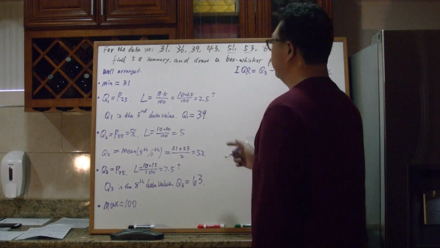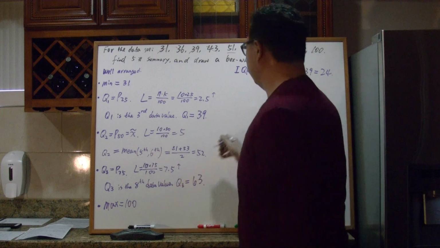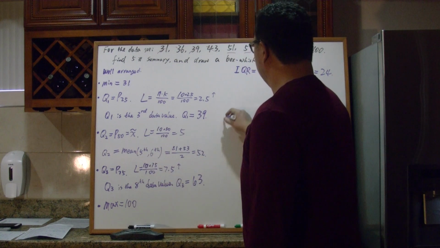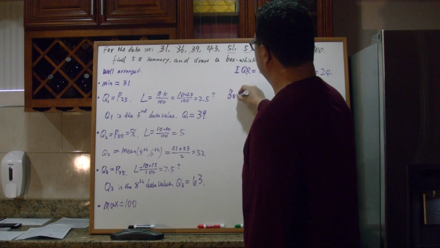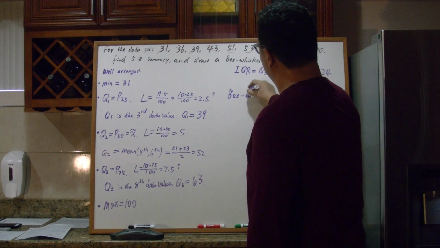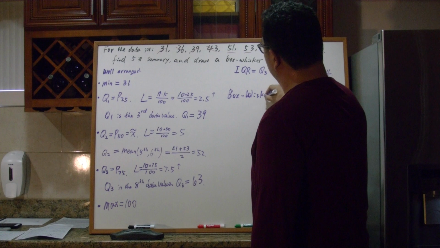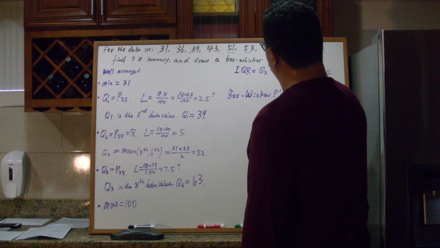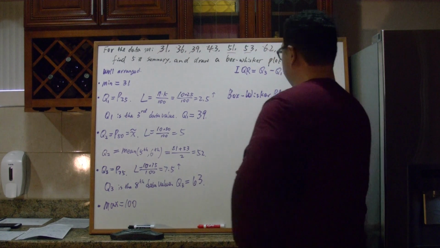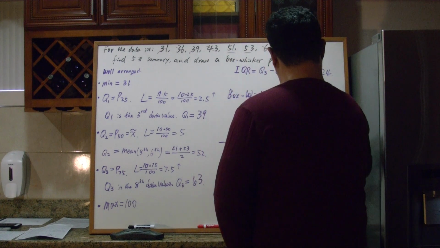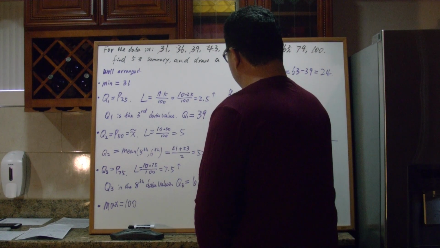Alright, so we sketch. The minimum is 31, the maximum is 100. That's for the Box-Whisker plot. We'll use those values.